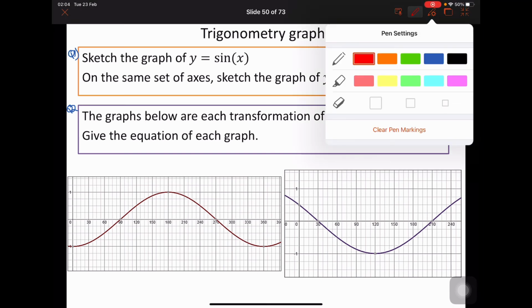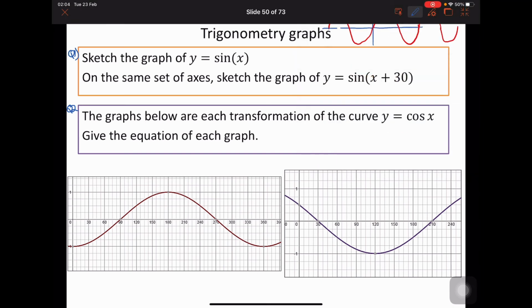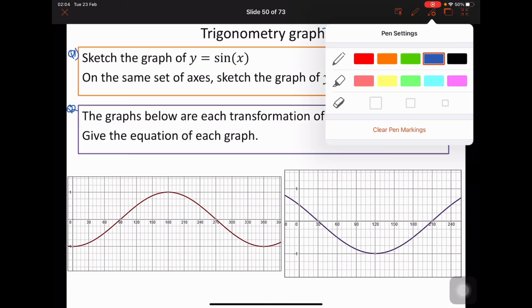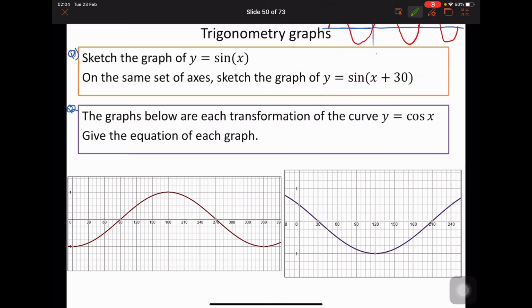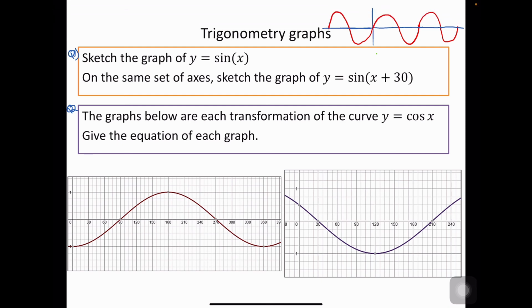Let's just extend this. Okay, x plus 30 within the brackets, it's a plus, so we have to do the opposite of increasing by 30. We have to subtract by 30.